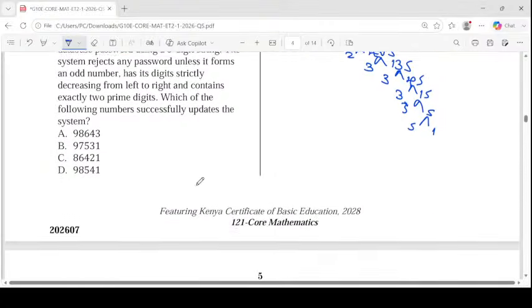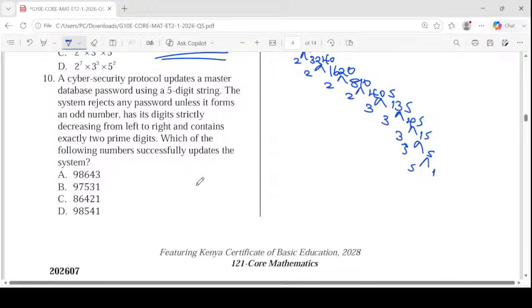Question number 10. Is it question number 10? Yes. We are being told in question number 10, we have a cyber security protocol updates a master database password using a 5-digit string.